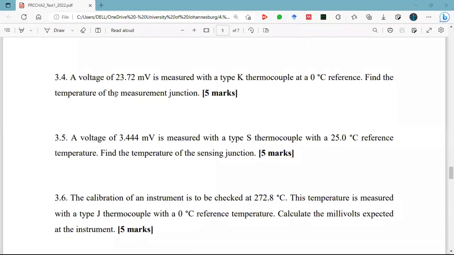So the measurement junction, the sensing junction, from literature or just from the standard schematic of a thermocouple, you'll understand that the temperature you get at the measurement junction is typically higher.